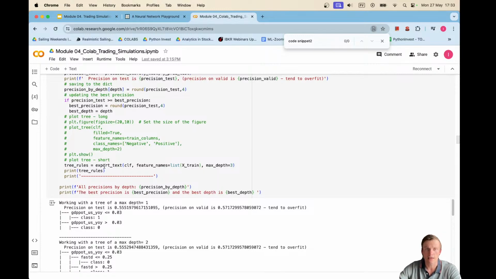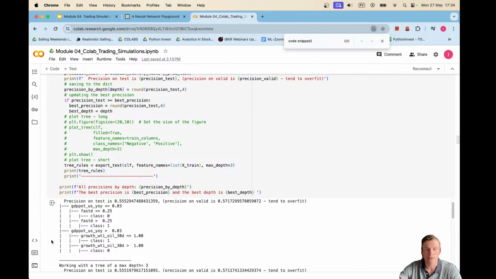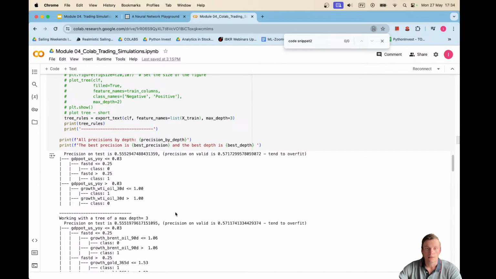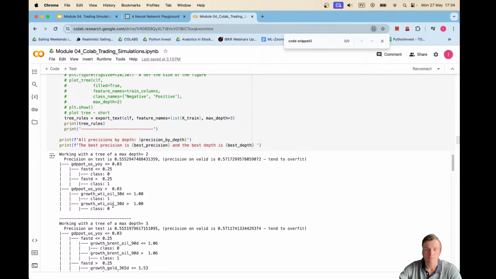And again, in the homework exercises, I asked you to use the export text command, which is a nice way of looking at the trained models in compact output.